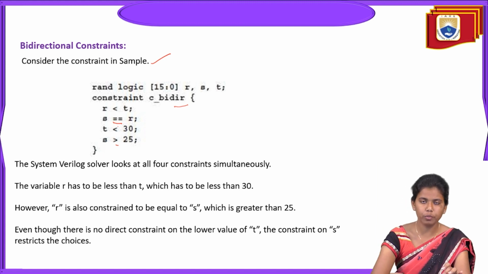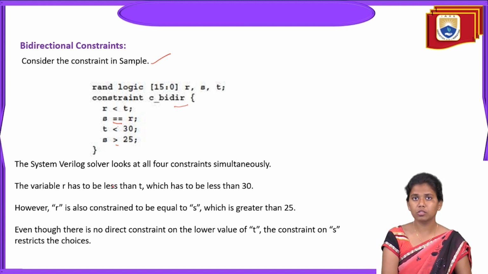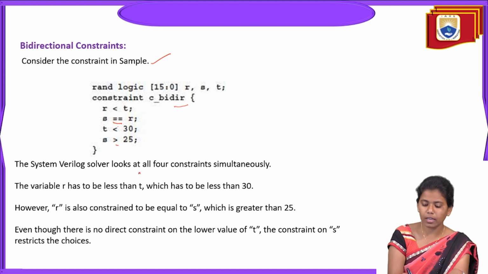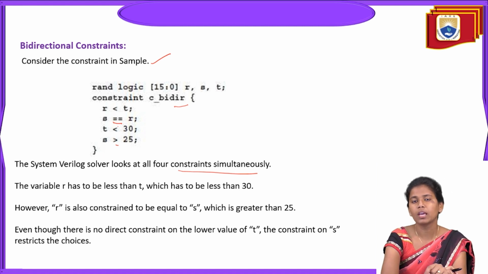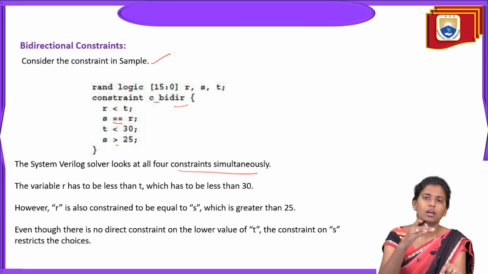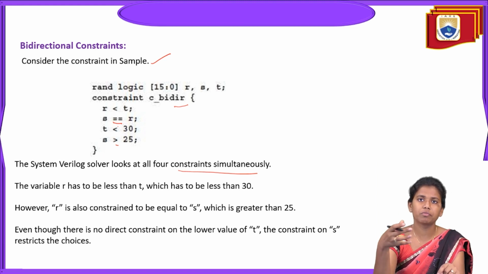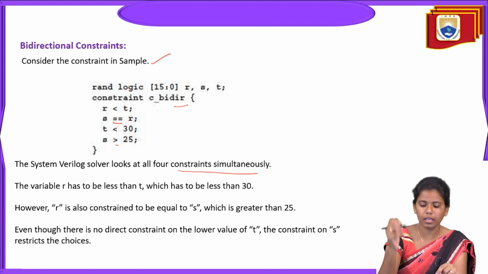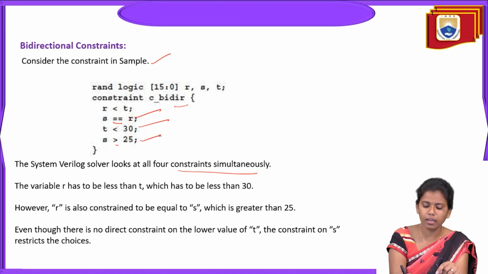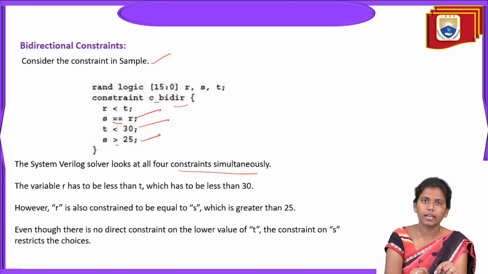Now we will see the solver look at all four constraints simultaneously. The constraints in the constraint block are going to execute simultaneously, concurrently. How can R, S and T be concurrently executed?